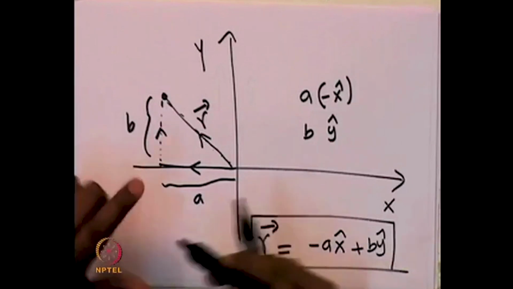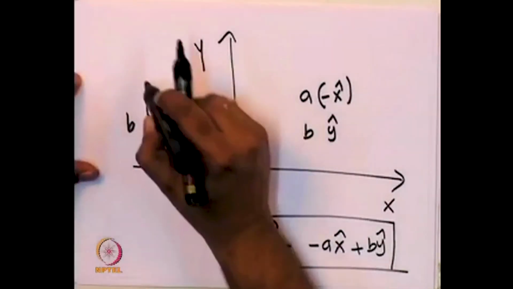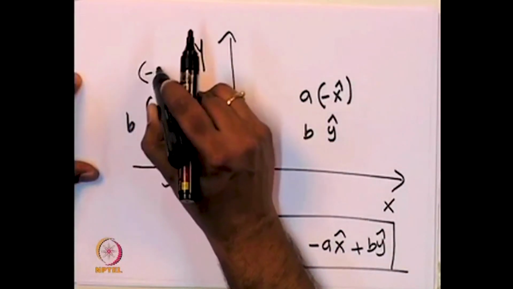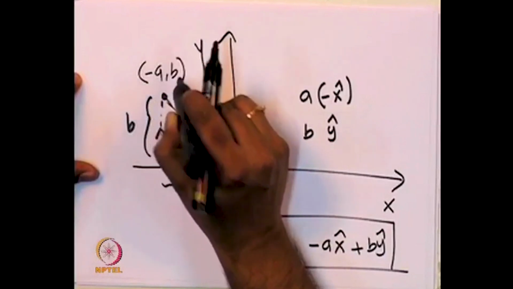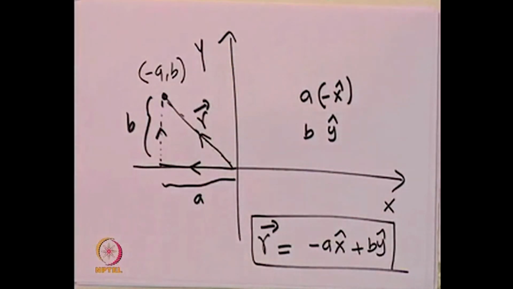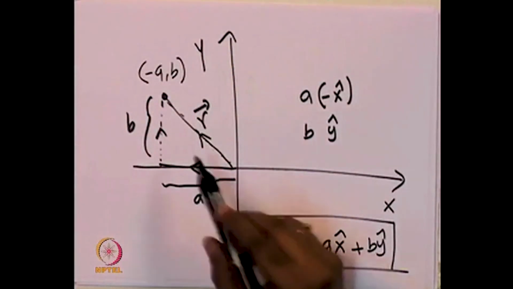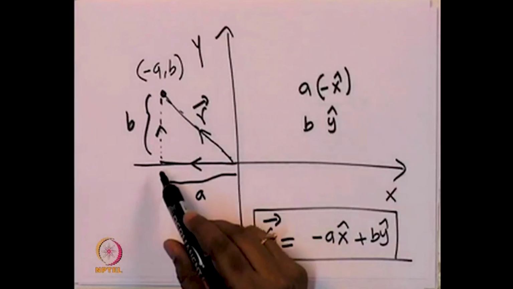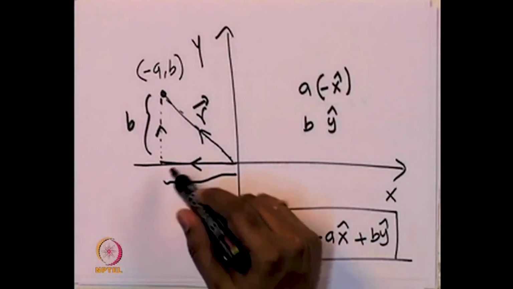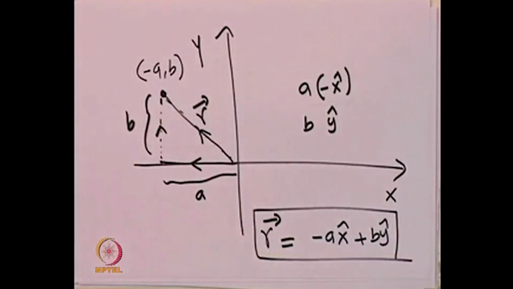I can represent this point by two numbers, minus a comma b, that is minus a along the x axis and b along the y axis. You need two numbers to represent the vector, the x component and y component.